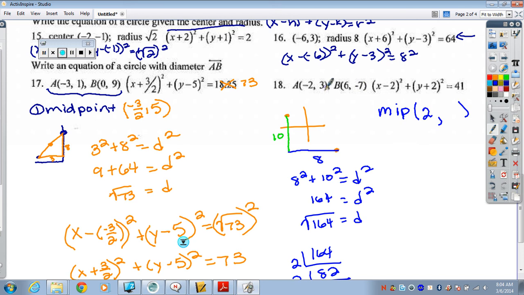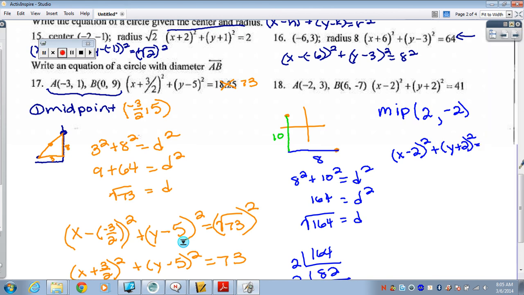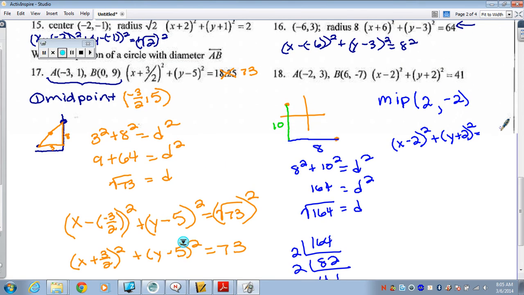If I used a number line and I looked at the middle, I would have negative 2. Let's write our equation. We have everything we need. So we have x minus 2 squared plus y plus 2 squared equals, remember the radius is square root of 41, so that's going to be the square root of 41 squared, which is just 41. So your answer right here, there you go.